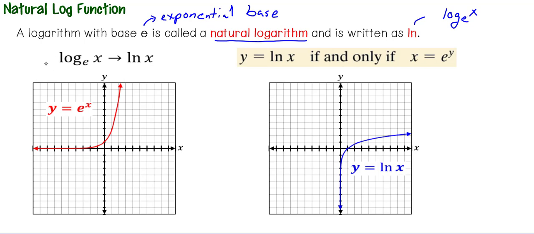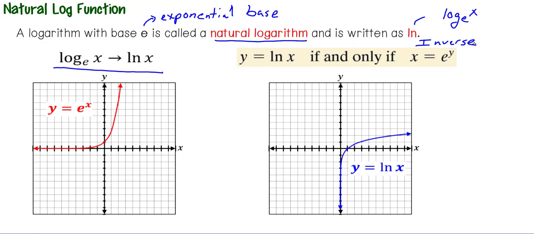So log base e of x could now be written as ln x to represent the natural log. Also, the inverse, just like we've learned previously with logarithms, would be x equals the exponential base e to the power of y.